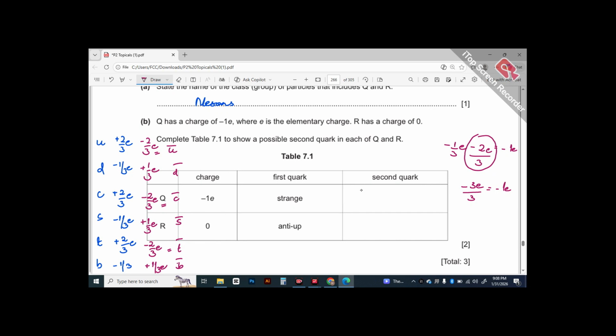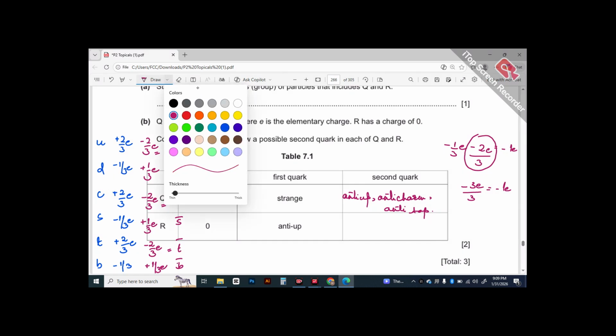So you are going to write it here, anti-up, or any one of them. You have to write the name, you don't have to write the charge here, right?